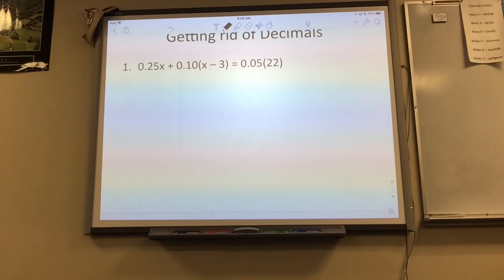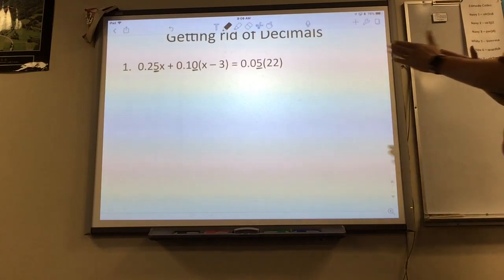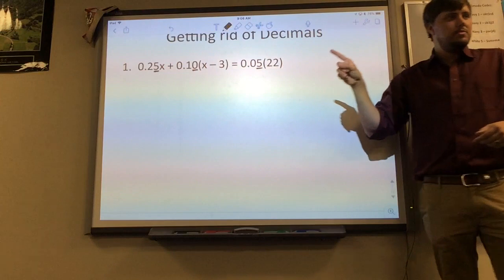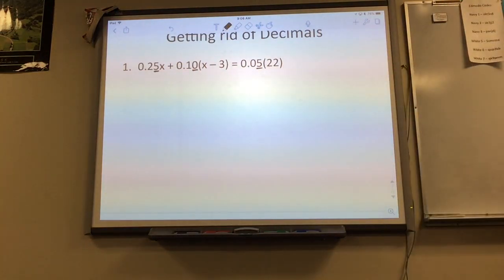So what we're going to do is look at the biggest decimal. And not the biggest value, just the longest decimal. Which one goes to the furthest place value? Hundredths, hundredths, hundredths. All of them go to the hundredths. If one of them went to the thousandths, then we would use the thousandths. But all of them go to the hundredths, so that's what we're going to multiply by, 100.